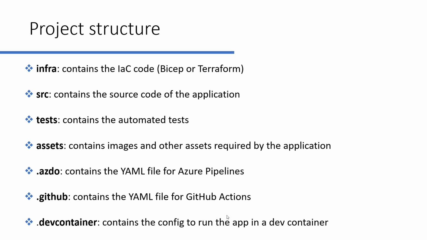It's either .NET, Java, Python, and so on. Tests contain the automated tests, unit tests, integration tests, and so on for your application that are provided as part of this template. Assets contains images, videos, audio files, everything that's required by your application.